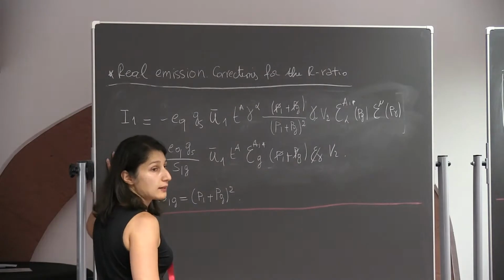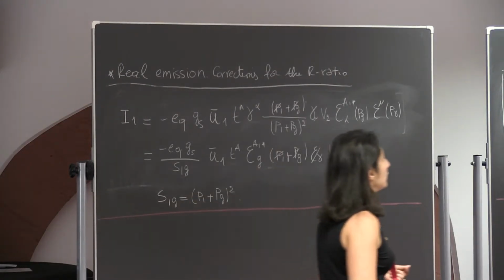Now we have to calculate I1 times I1 star for the square of the amplitude.